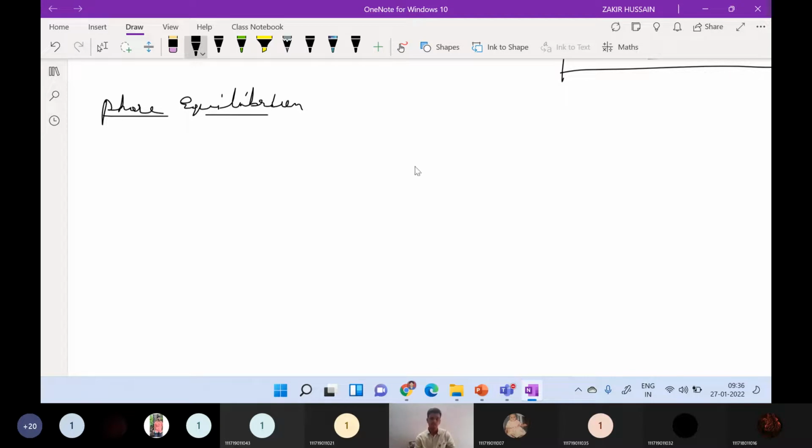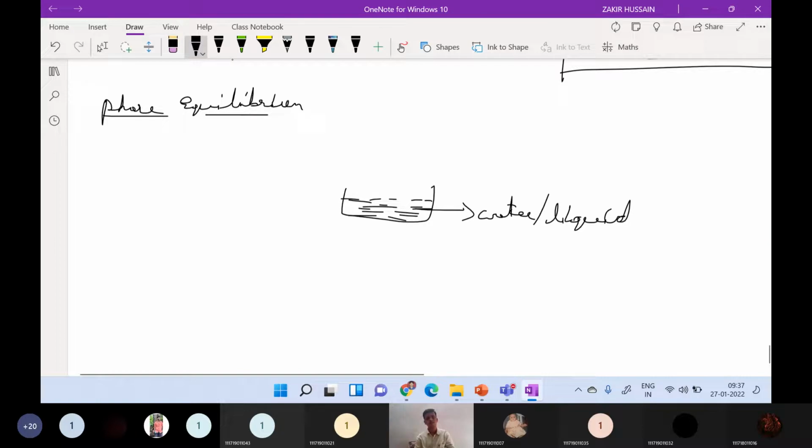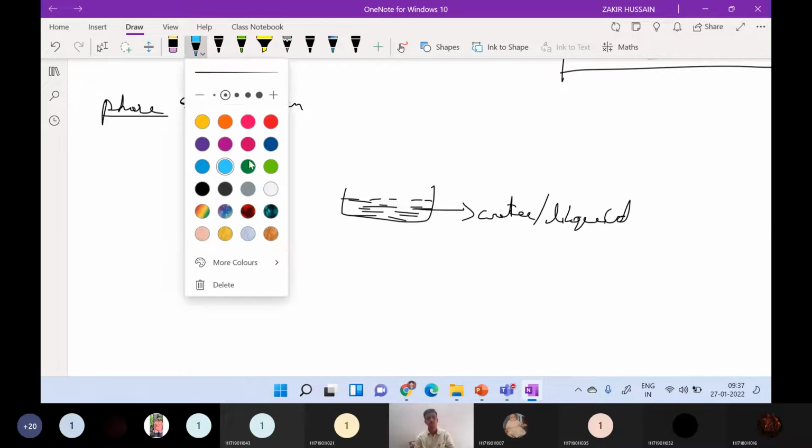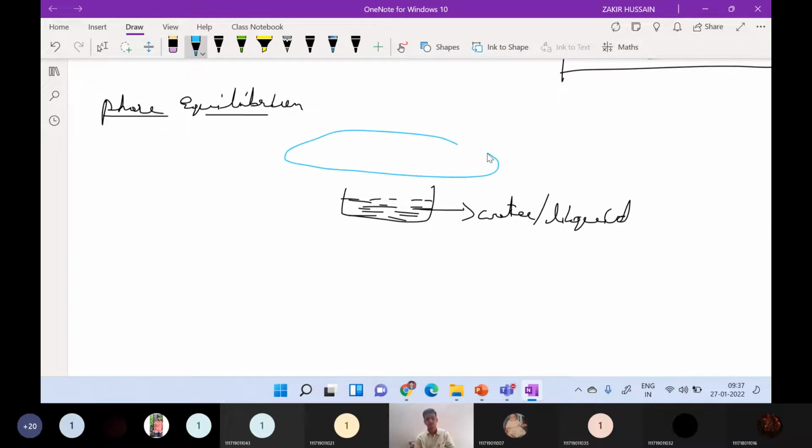For example, first, consider a pool of liquid or water. Now, in the humidification process, what is going on top of this water? Let us say some air or some gas is there.